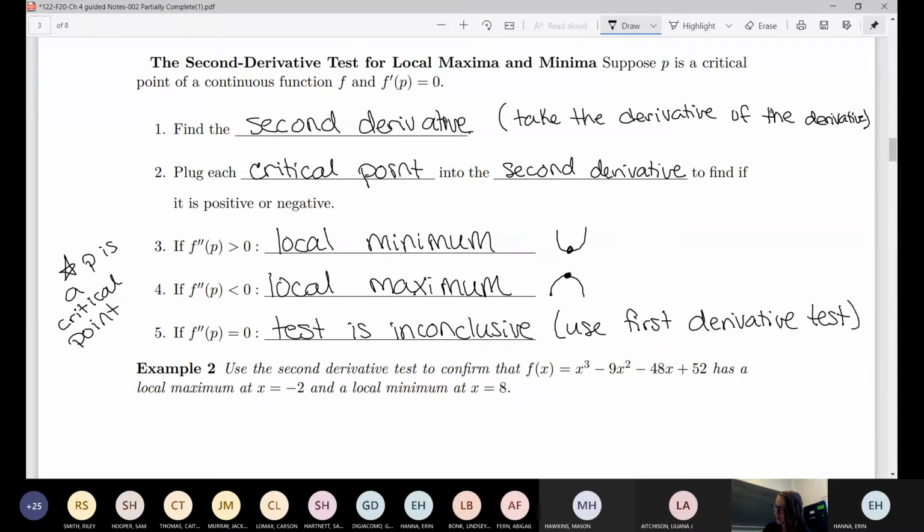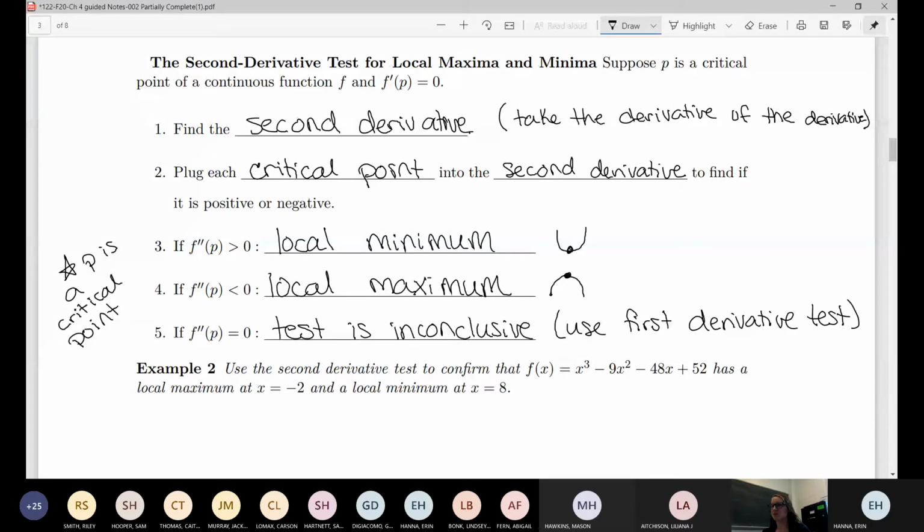So that's why most of the time you just default to using the first derivative test, because, what if you use the second derivative test and it just gives you 0 and then you have to use the first derivative test anyway. Also with the second derivative test, it's mainly used if the second derivative is easy to find.